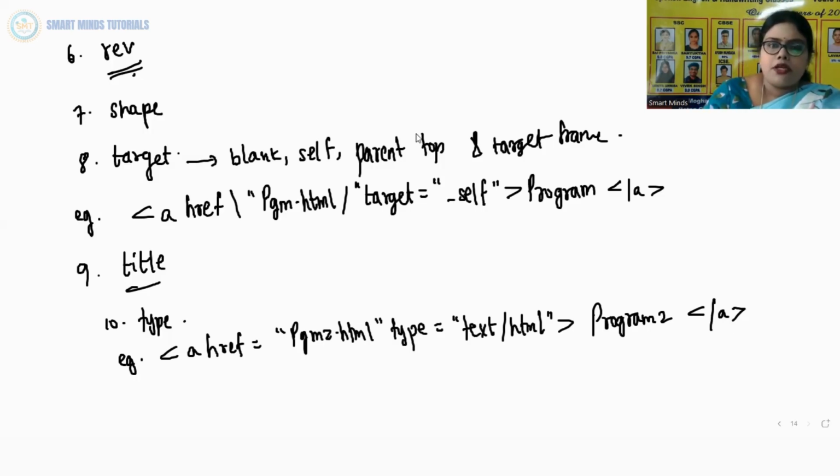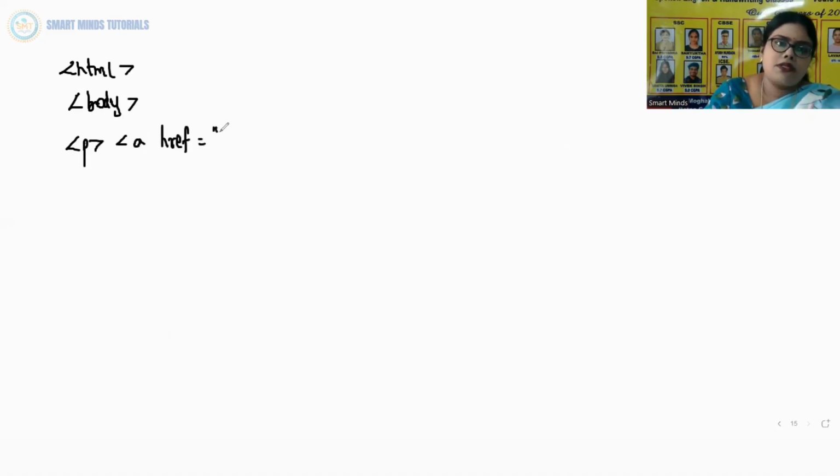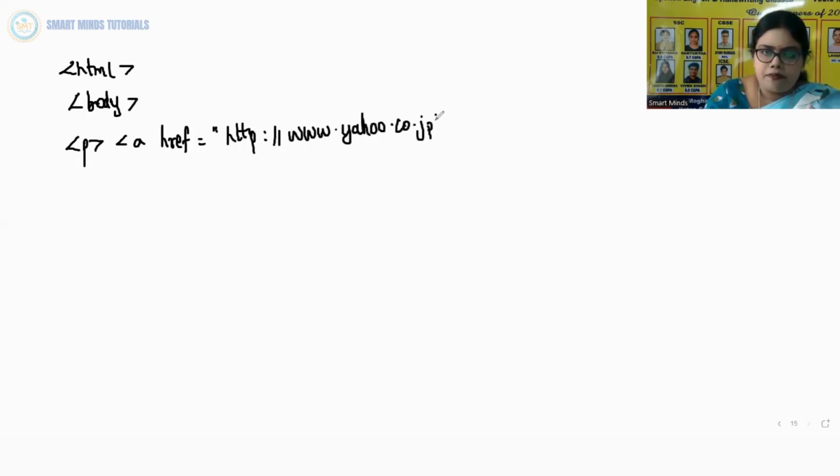Let's take a program to illustrate these attributes. So first define the HTML tag, and then the body tag, then the paragraph tag, then again A, href equals, we are declaring a URL, http://www.yahoo.co.jp slash quotations close, charset equals quotations open ISO-2022-JP.